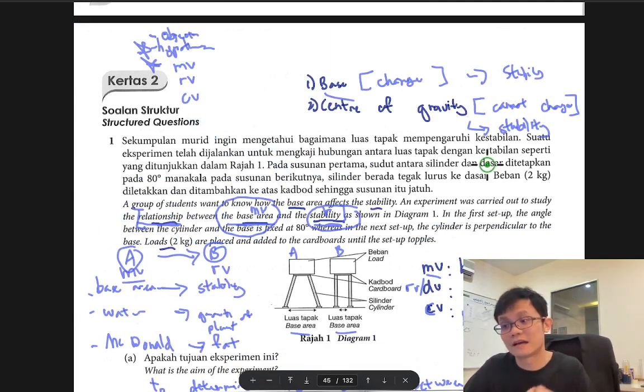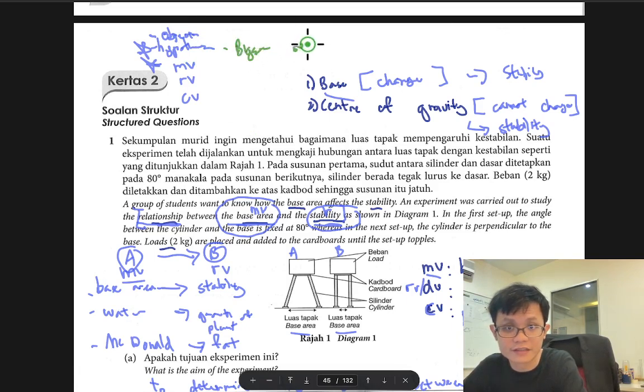Correct. As long as it shows a relationship. For example, I put a hypothesis, but your answer is also correct. Like for example, you can write the bigger the surface area, the bigger the stability. That is the relationship.